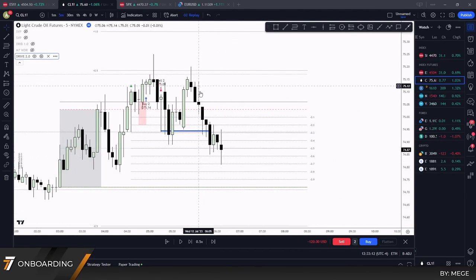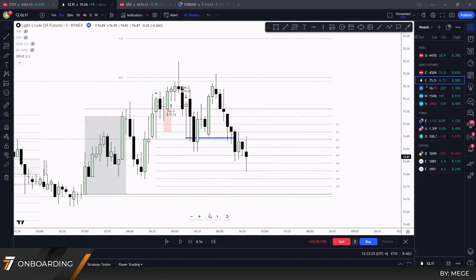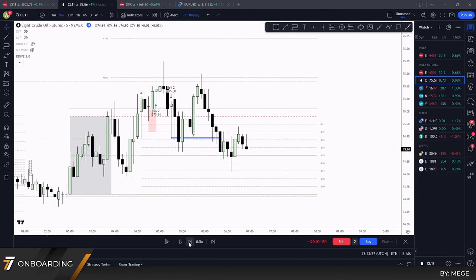So, for example, if I were to re-engineer this one, I can see an open volume imbalance here that is still magnetic, so it means price is likely to touch back again there. So let's see, you can see it's bouncing off the 0.5 line.